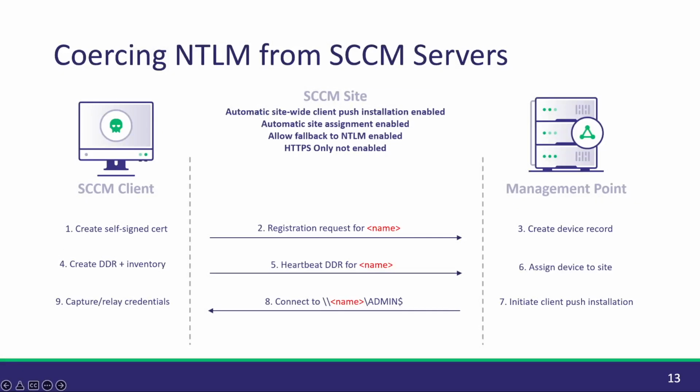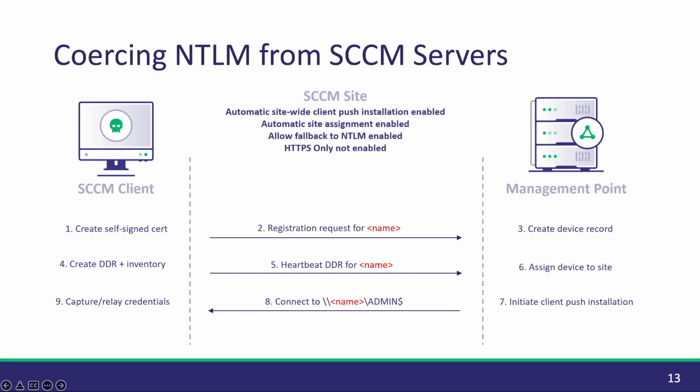So how does SharpSCCM actually do this? First, it creates a self-signed certificate on the machine it's run on. Then it creates a registration request for that arbitrary name. That's going to be the name of our new fake device. The management point will create a device record in the database for that device, and then we can create a DDR and an inventory on our fake client, send a heartbeat DDR for that fake client name, and the management point will assign that device to a site based on its boundary group.